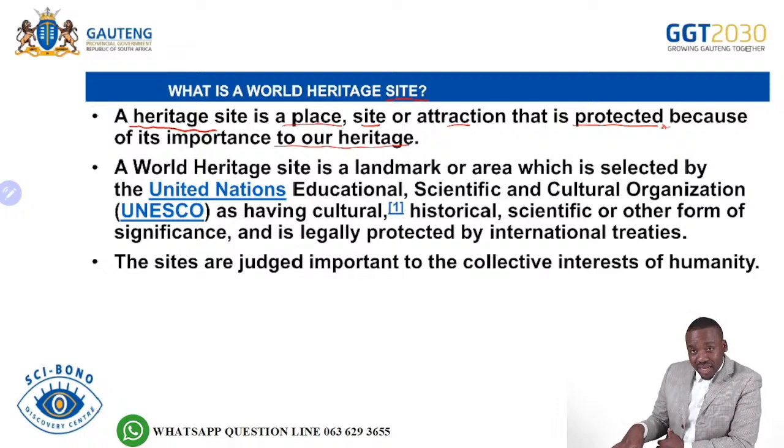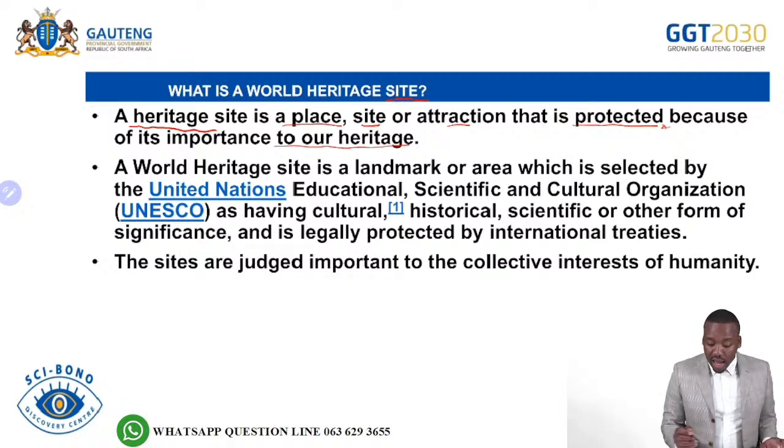So we are protecting this site because there is something unique about that particular site. Then we move on. Once you understand what a heritage site is, we are now saying at world level, what is a World Heritage Site?